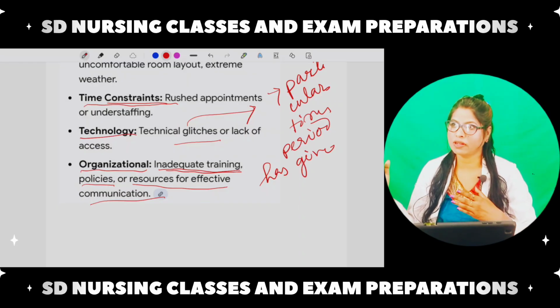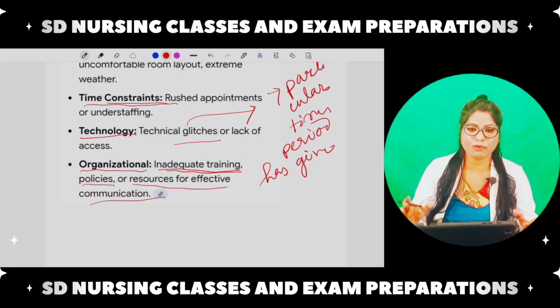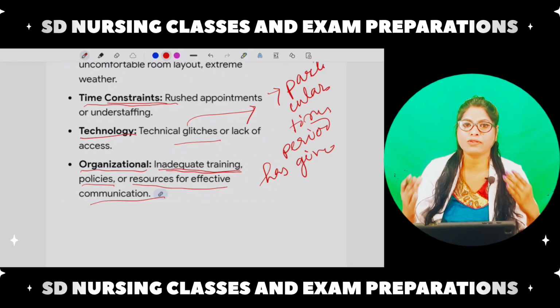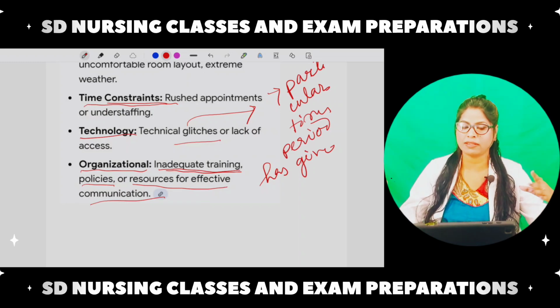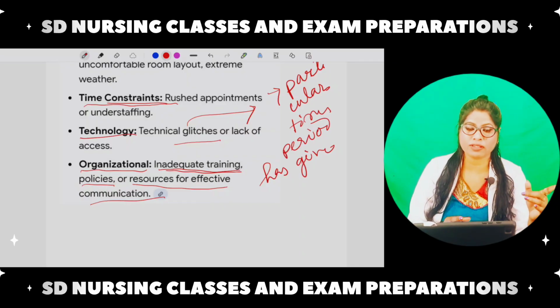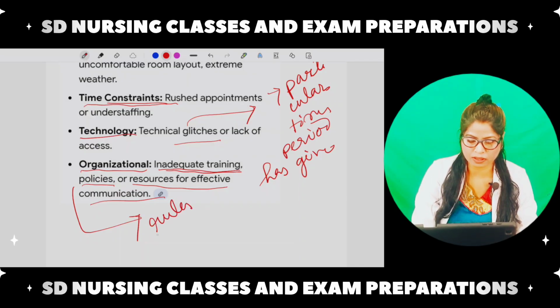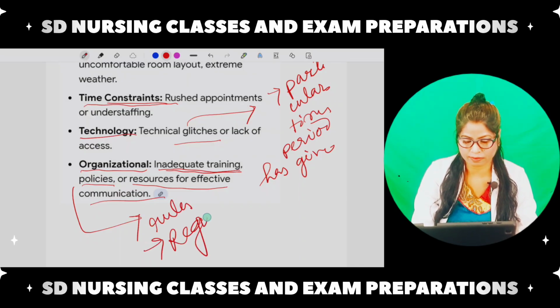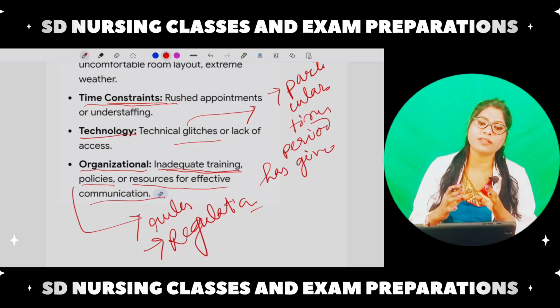And if you are in a hospital, there is a policy, and you have to obey the policy. If you just thought of something and directly informed everyone, please come tomorrow at this time, and they came and gathered, and you did everything without asking your senior or the director, that is a policy error. You have to obey the policy, rules and regulations.